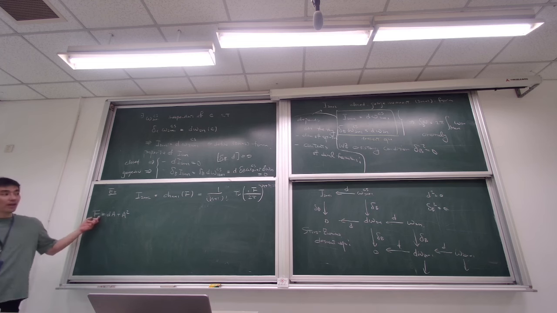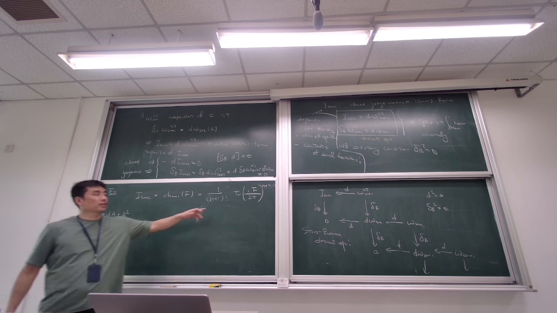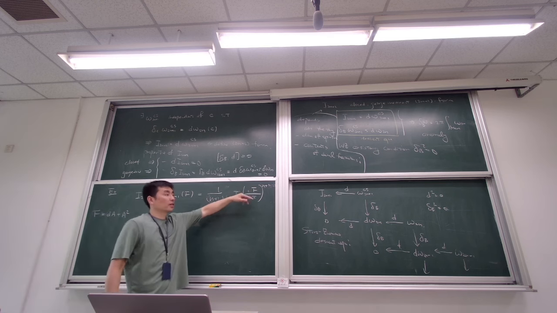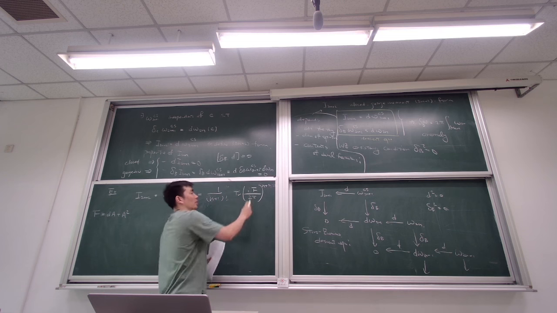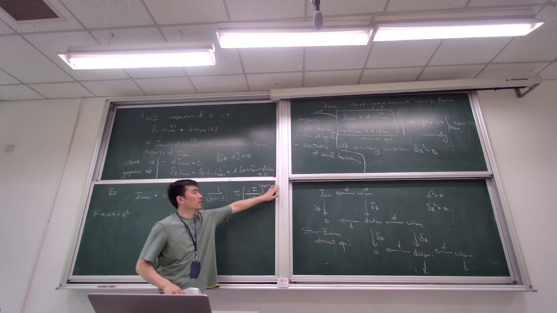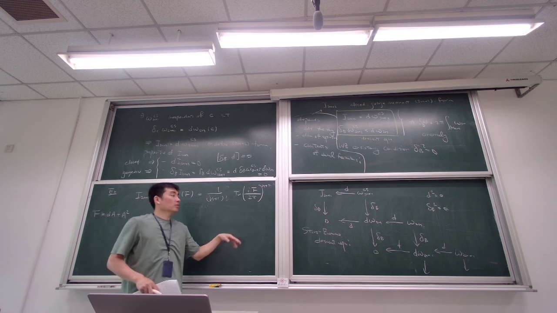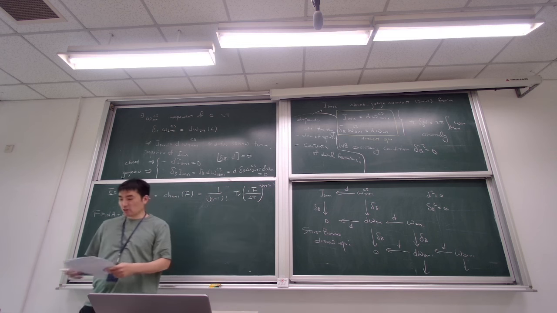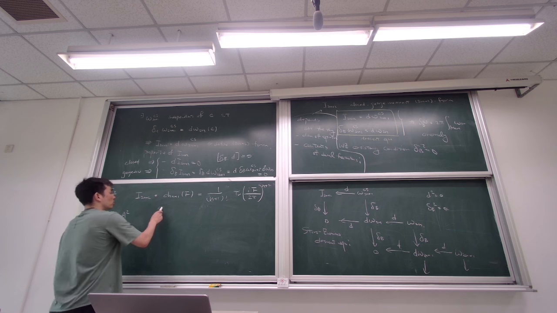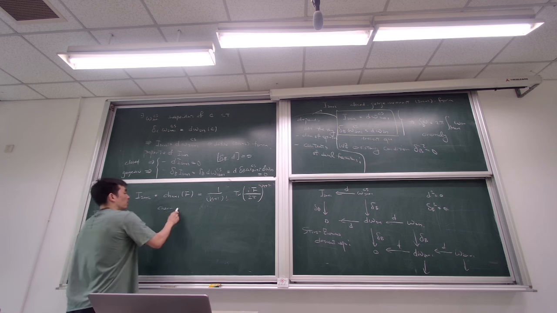Now F takes values in the Lie algebra, so it's a matrix-valued form. You take the appropriate coefficient, and the power is just matrix multiplication, and then take a trace. So this is called the Chern character.